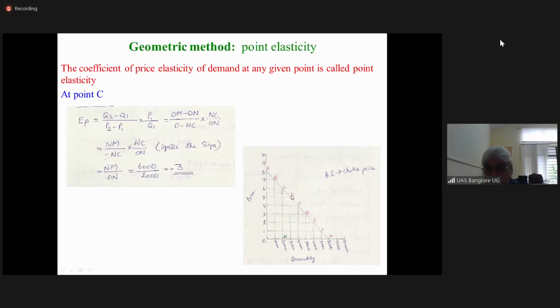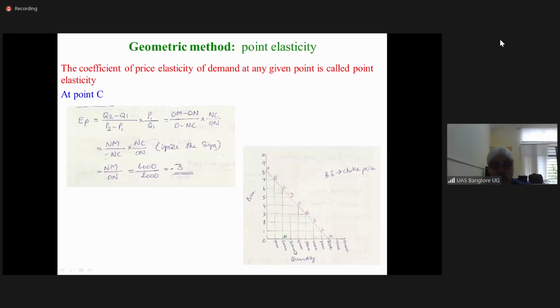If B is the point, then 3000 will be N. If G is the point, then 5000 will be N. If L is the point, then 7000 will be N. So N moves along the x-axis depending upon which point you consider. If L is the point, then NM will be only 7000 to 8000.